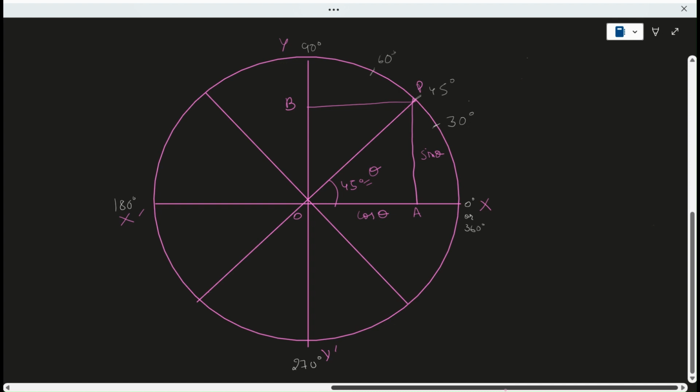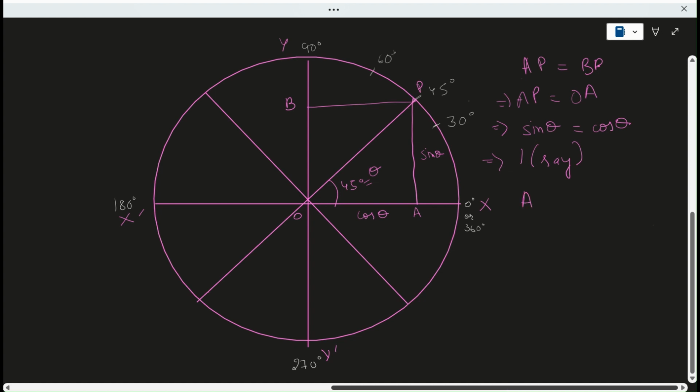So line AP will be equal to line BP, and thus AP will be equal to the parallel and opposite of BP, that is OA. This means sine theta value is equal to cos theta. Let us arbitrarily take it as 1 unit, or simply 1. So let this length be 1 unit.